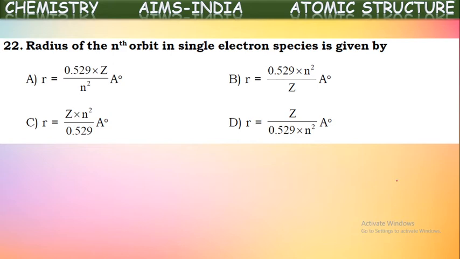So where is it given? Here. r is equal to 0.529 into n square by z angstroms. This is the equation to calculate the radius of the nth orbit of single electron species.